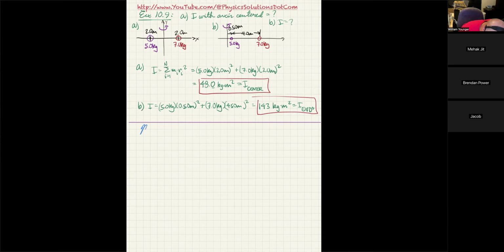So in this case, here's my coordinate system. And what I'm going to do is imagine I have a rod, a uniform rod of length L and mass M.